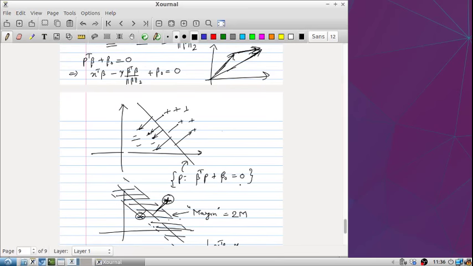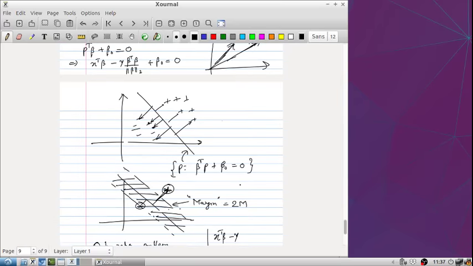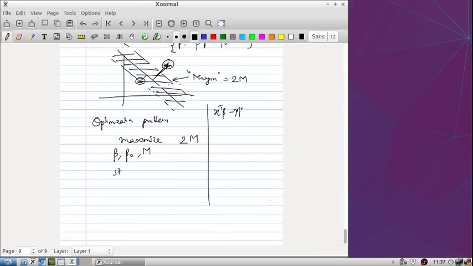And beta transpose beta is just the square of the norm of beta, the sum of the individual entries squared. The denominator is the square root of the sum of the individual entries squared. So one cancellation happens, leaving the norm of beta, plus beta naught is equal to 0.